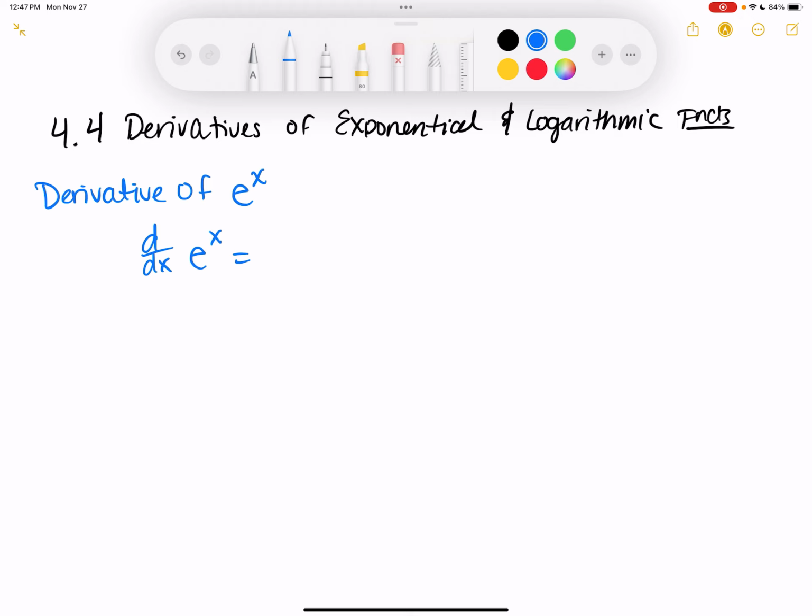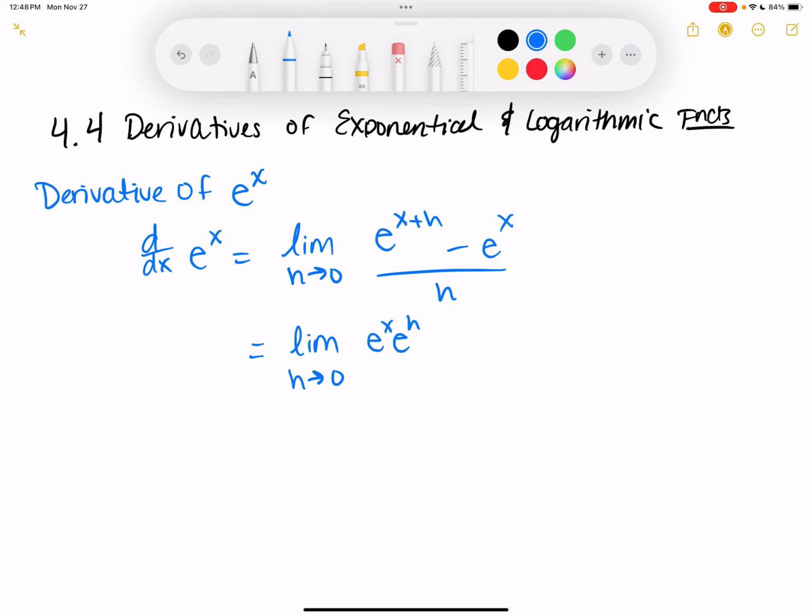It is the limit as h approaches 0 of e to the x plus h minus e to the x all over h. So then I have the limit as h approaches 0 of e to the x, e to the h, because remember when we multiply, that's when we add the exponents, so I can split it, minus e to the x divided by h.